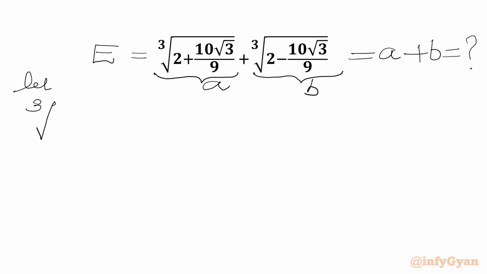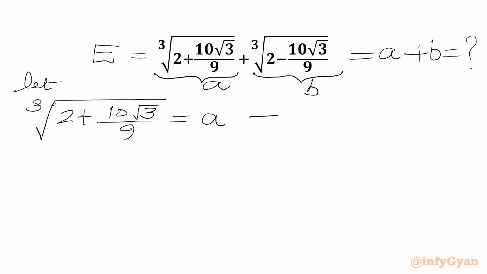Now we will write our substitution. Cube root of 2 plus 10 root 3 over 9 is equal to A. Once we take cubing on both sides, we will get the value of A cube. Let me write here, A cube equal to 2 plus 10 square root 3 over 9.